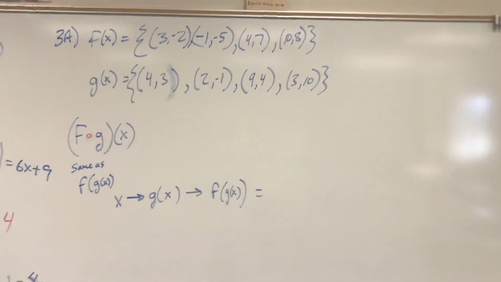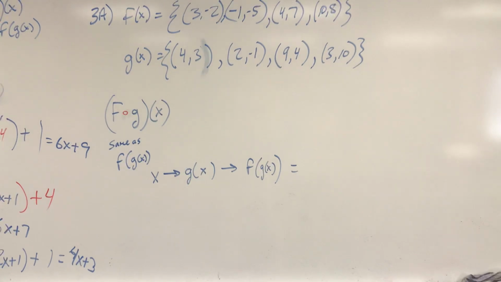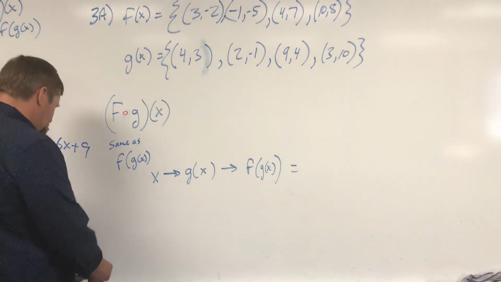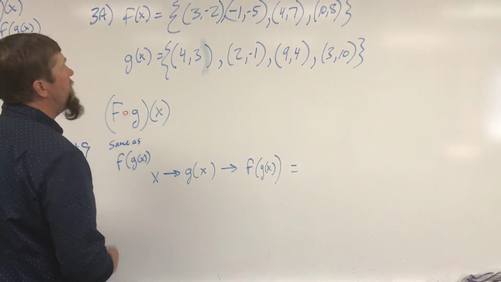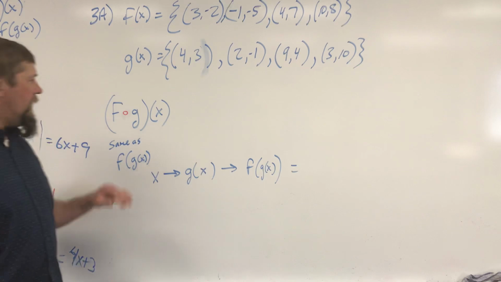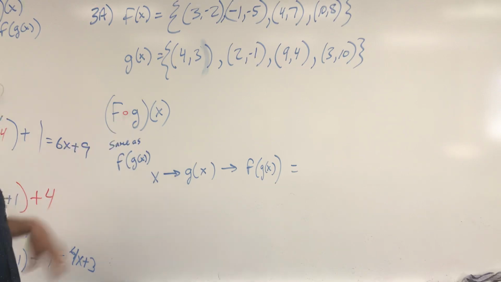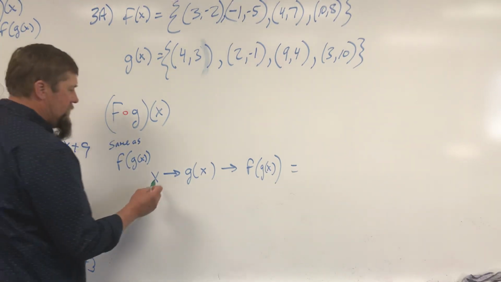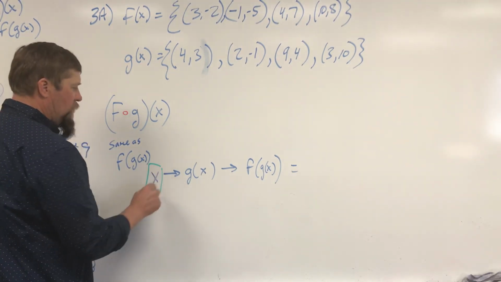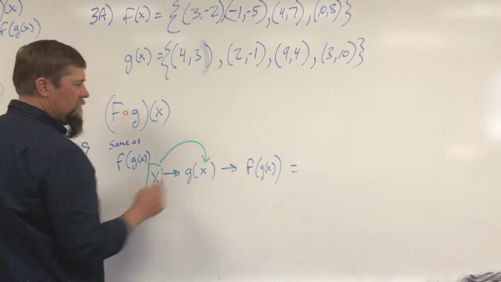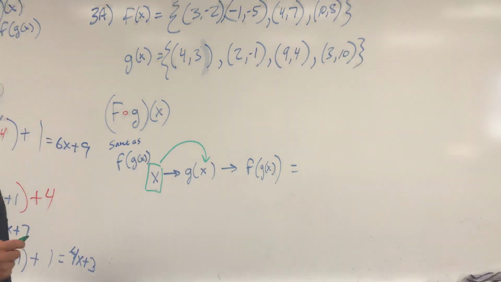Okay, here's example 3a. This time they give us points, or input-output values. If we're doing the composition of f of g of x, basically what we do is we take x and we put that into the g of x function.